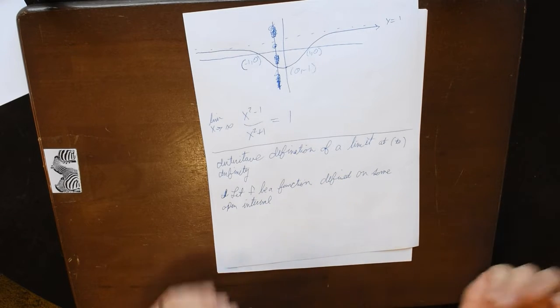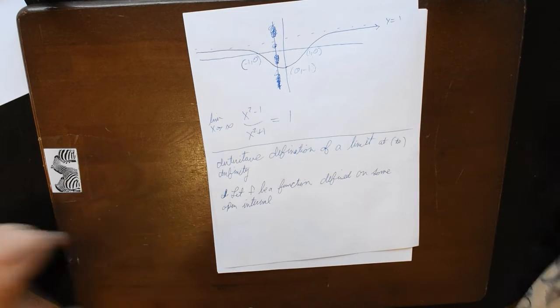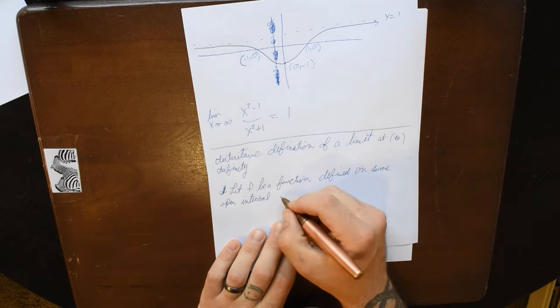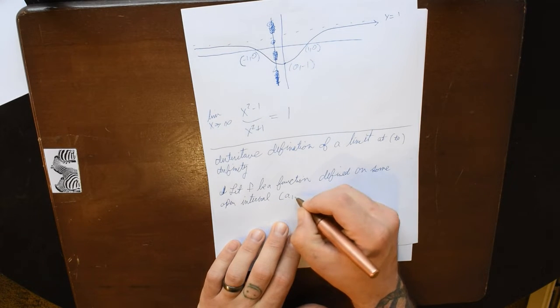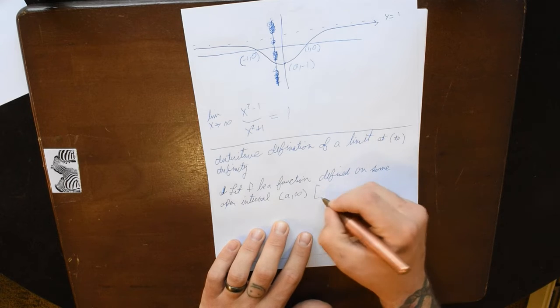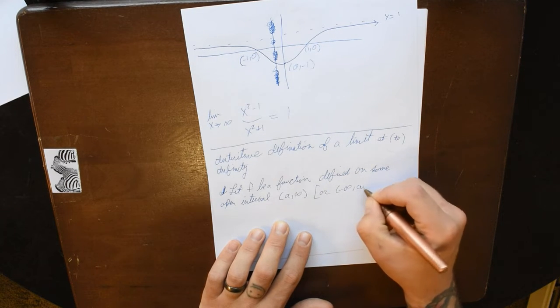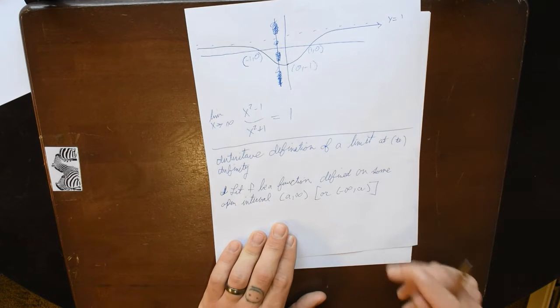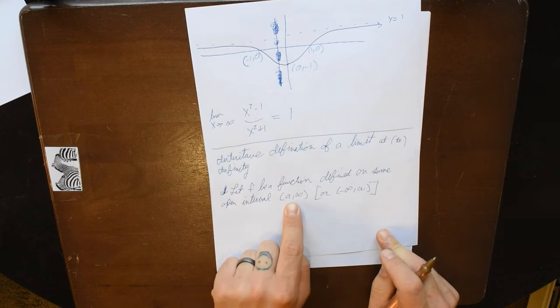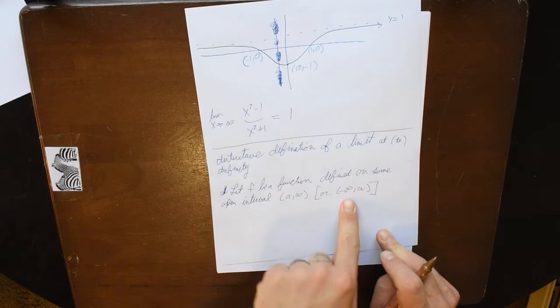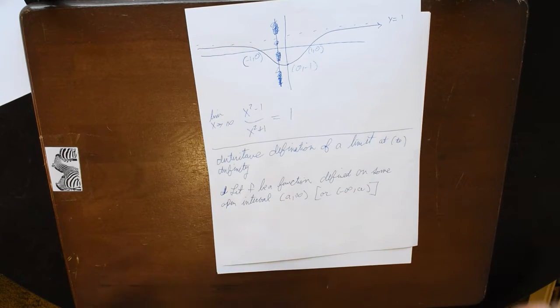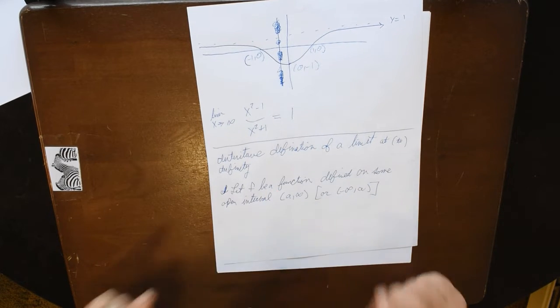The book gives us two separate definitions, but I'm combining them at once. The interval is either from a out to positive infinity, or from negative infinity out to some number a, depending on what direction we're going, either the limit to positive infinity or the limit to negative infinity. So we have a function that is defined on that interval.